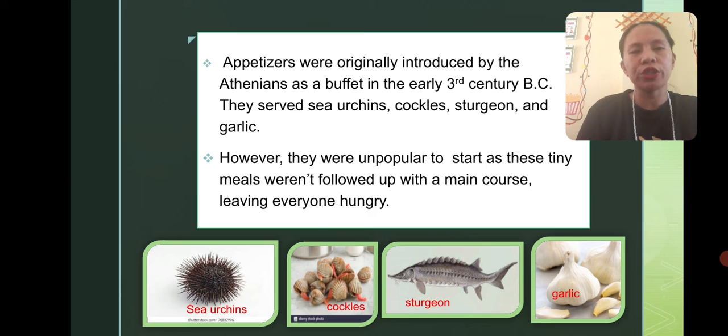They served sea urchins, cockles, sturgeon, and garlic. Below, you can see the pictures of the sea urchin, cockles, sturgeon, and garlic. However, they were unpopular to start as these tiny meals weren't followed up with a main course, leaving everyone hungry.